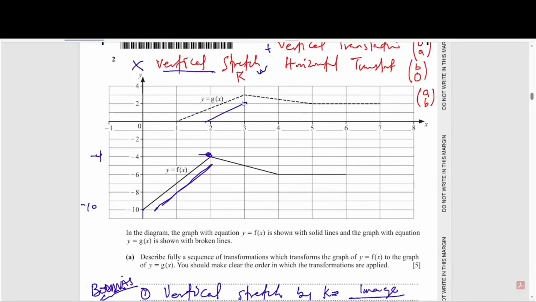Then we check the corresponding side. That part corresponds to this side, and up here is 3, all the way to 0. That is about 3 rows. So originally these two corresponding sides covered 6 lines, but the transformed graph covers 3 lines.